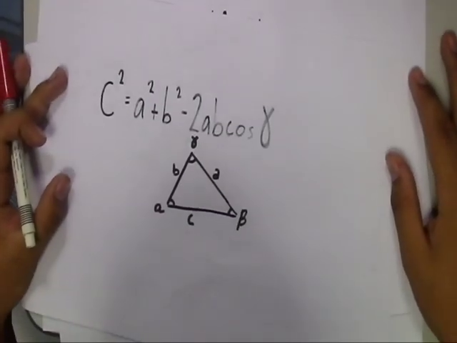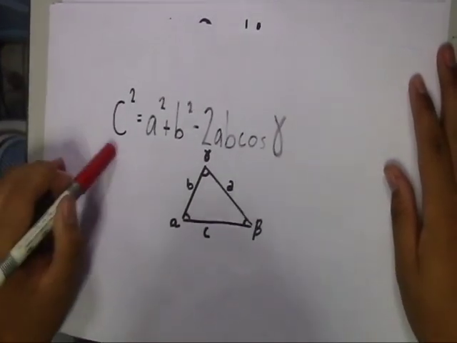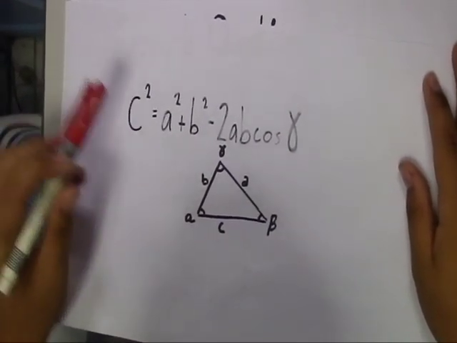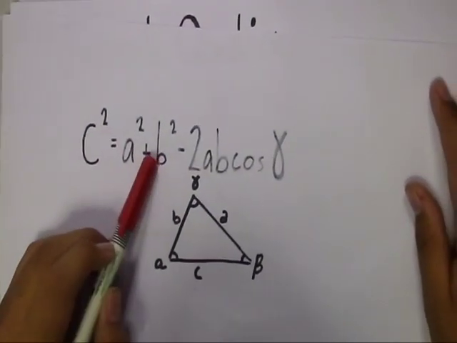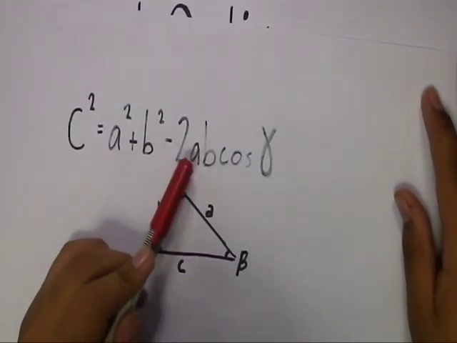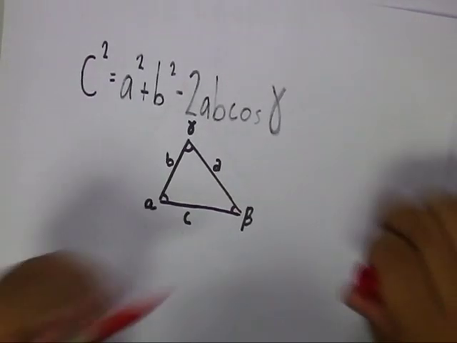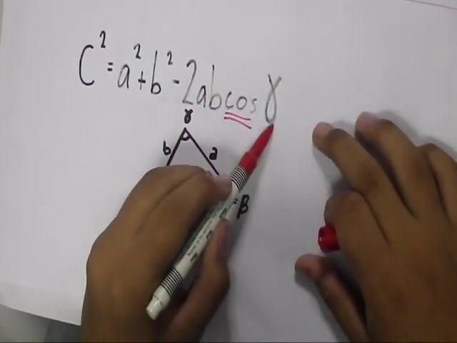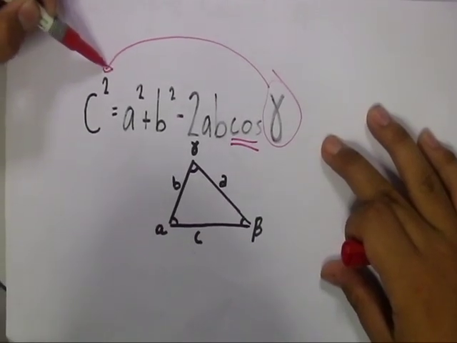So hello guys, we're talking about the cosine law. The equation for the cosine law is side c squared is equal to side a squared plus side b squared minus twice the product of the two given sides multiplied by the cos of the angle opposite to the missing side.